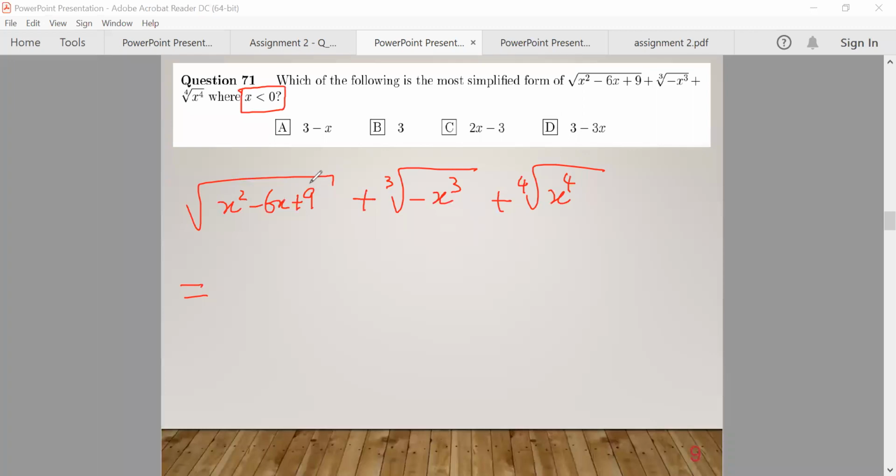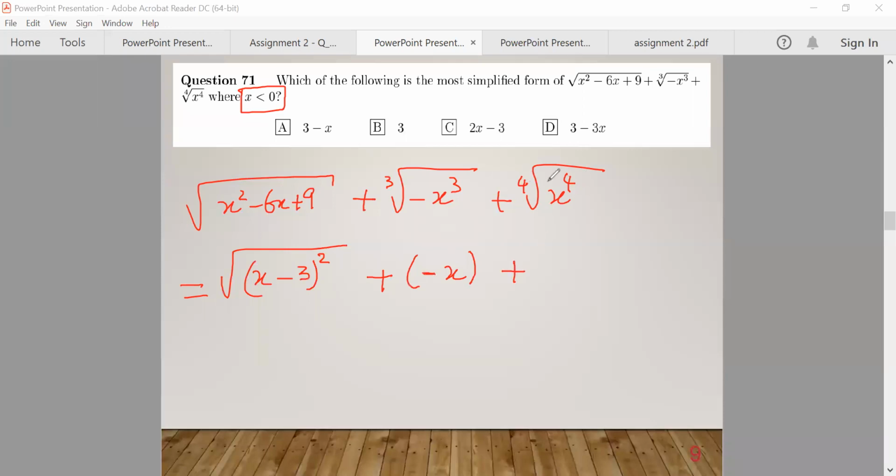To simplify the square root, we need the square. So how to write this square? This is x minus 3 squared. Plus, this is the cube root of minus x cubed, be careful, it's minus x.